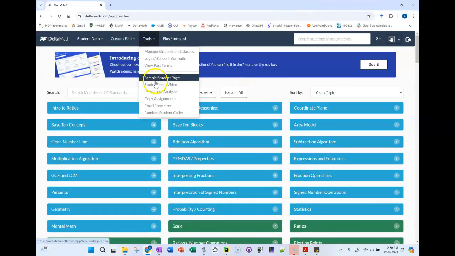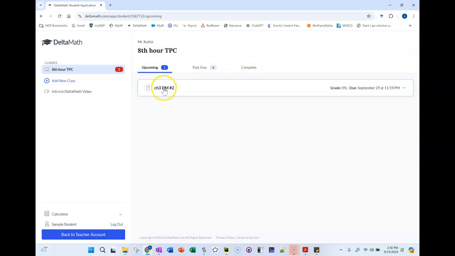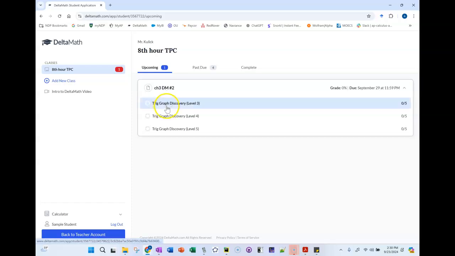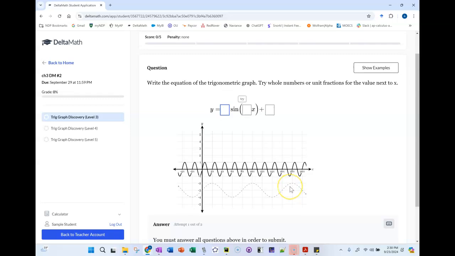So, to show you what we're going to be asking you guys to do, if I look at chapter 3, Delta Math number 2, it's just going to be some more of these. Write the equation from the picture, practice for sines and cosines only.